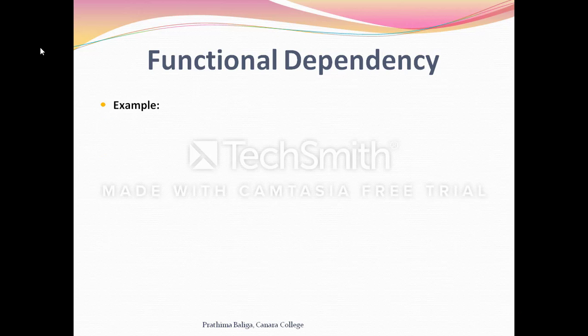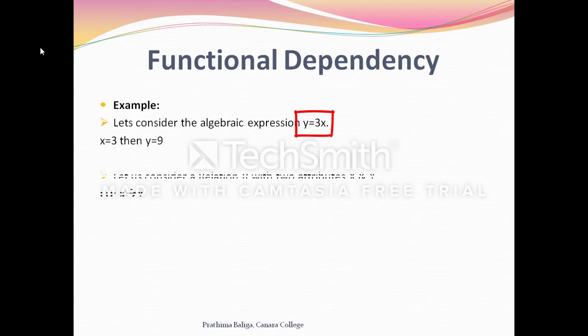Let us consider the algebraic expression example y equal to 3x. Here the value of y is computed based on the value of x, meaning y is dependent on x. If x equals 3, then substituting in y equals 3x, y equals 3 into 3, y equals 9.